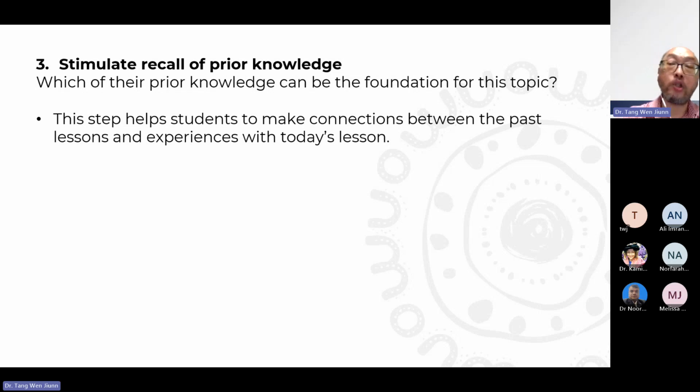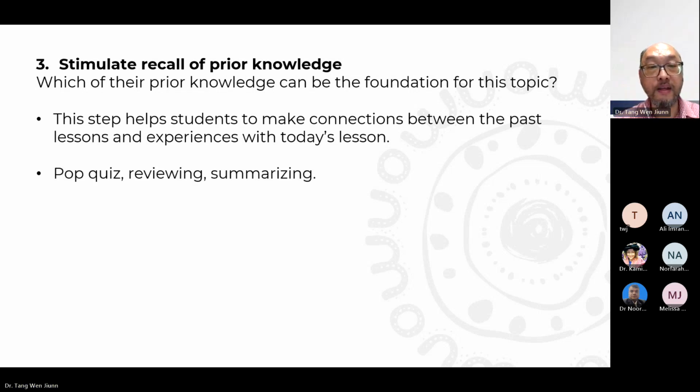If this is related to the previous topic, then we can ask questions from the previous topic, to see whether or not they still remember some of the key concepts that they will apply in today's class. For prior knowledge, it can be as simple as giving them a pop quiz, or asking them impromptu questions, or asking them to summarize the previous topics and lessons.